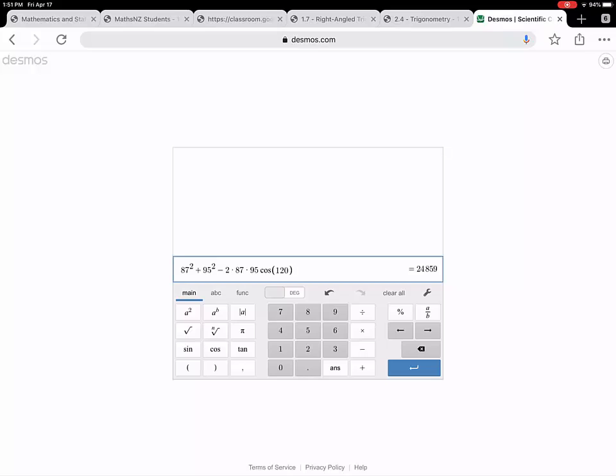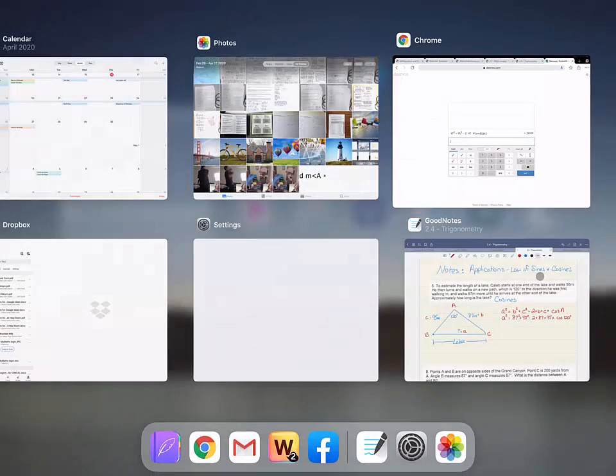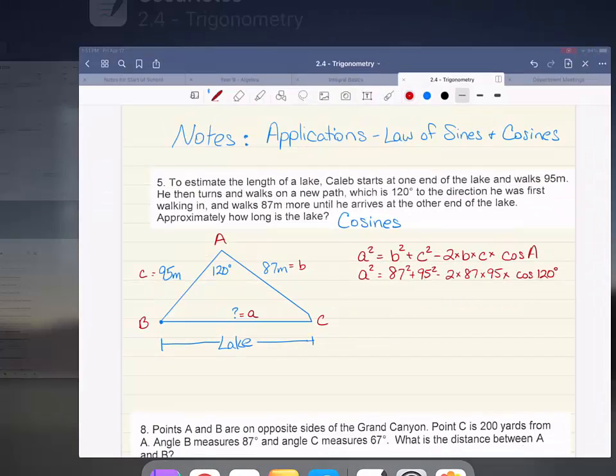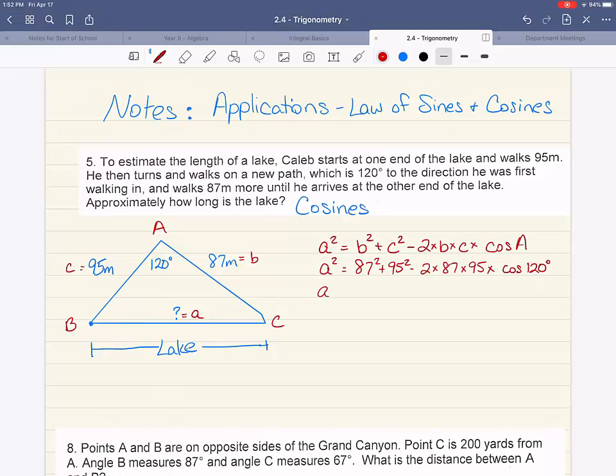And my answer that it's showing me, I'm going to go ahead and push the blue arrow, 24859. So a squared equals 24859.